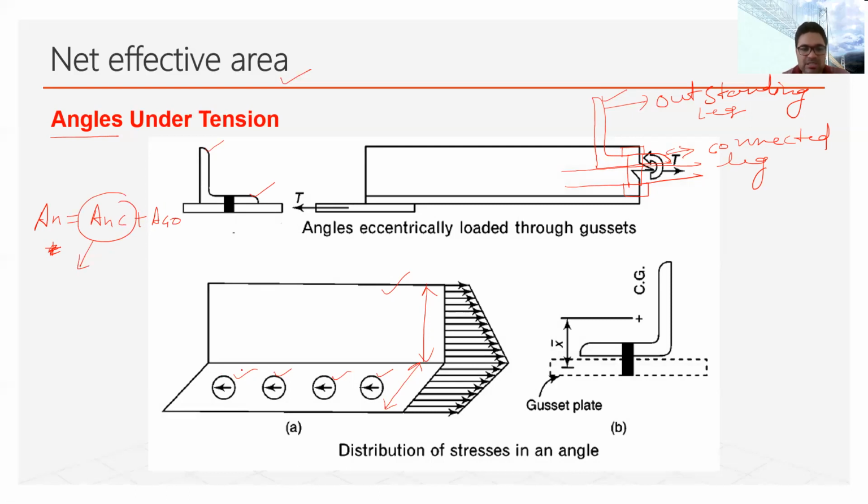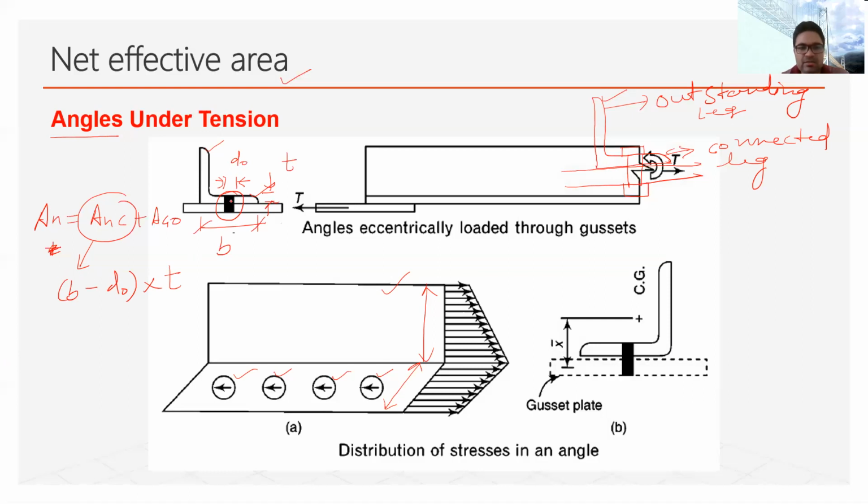In the connected part, you can see there are holes. So how do we find that? For example, if this is B and the diameter of the hole is D naught, how do we find ANC? It will be B minus D naught multiplied by the thickness of the angle, which will be T. So the ANC formula will be this.